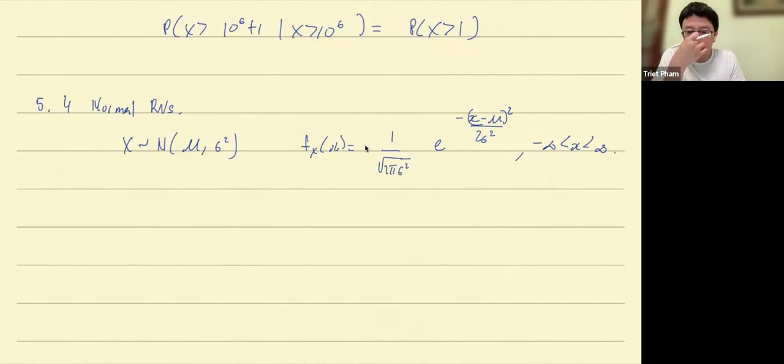So this is probably the first density you see whose support is the whole real line. What's the order of business? First of all, check that this is a genuine density by checking that it's non-negative, which is true because the exponential is always positive. Mu clearly can be any number, and sigma squared, by definition, is positive.